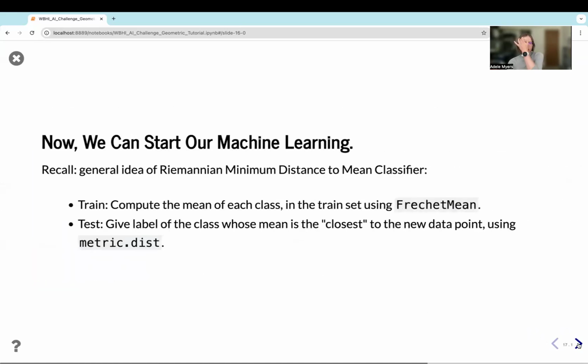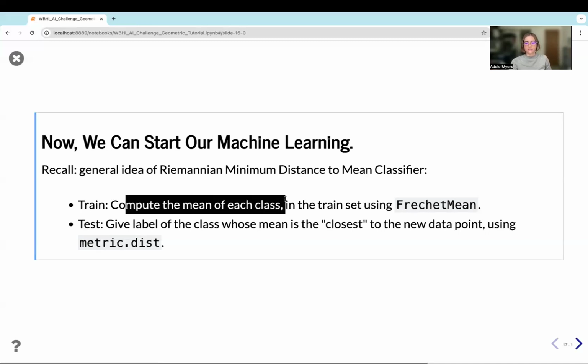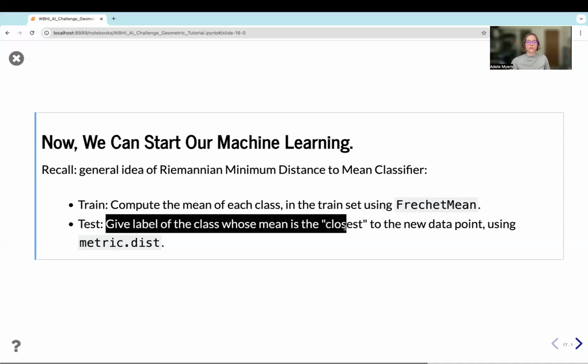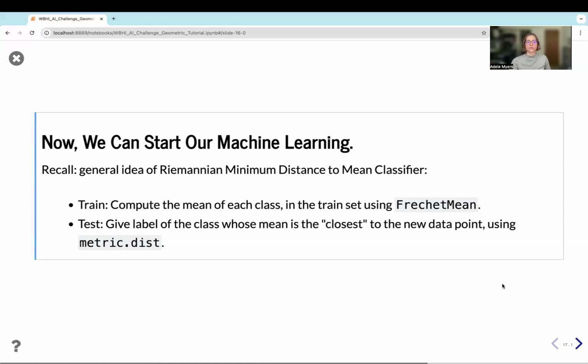Now we can start our machine learning. Recall that the general idea of the Riemannian minimum distance to mean classifier is to first train: we compute the mean of each class in the train set using the Fréchet mean, and then test, which means we want the classifier to give the label of the class whose mean is closest to the new data point using metric.dist.